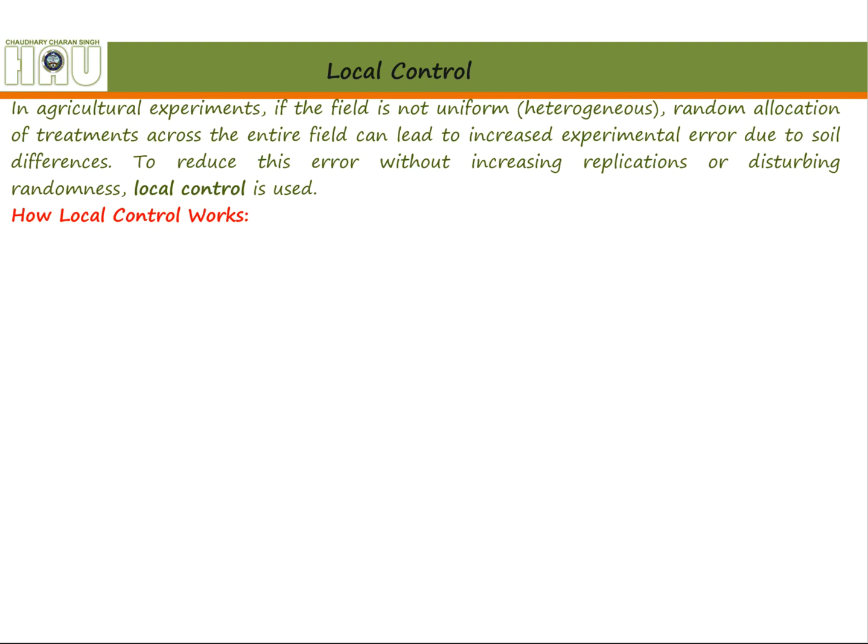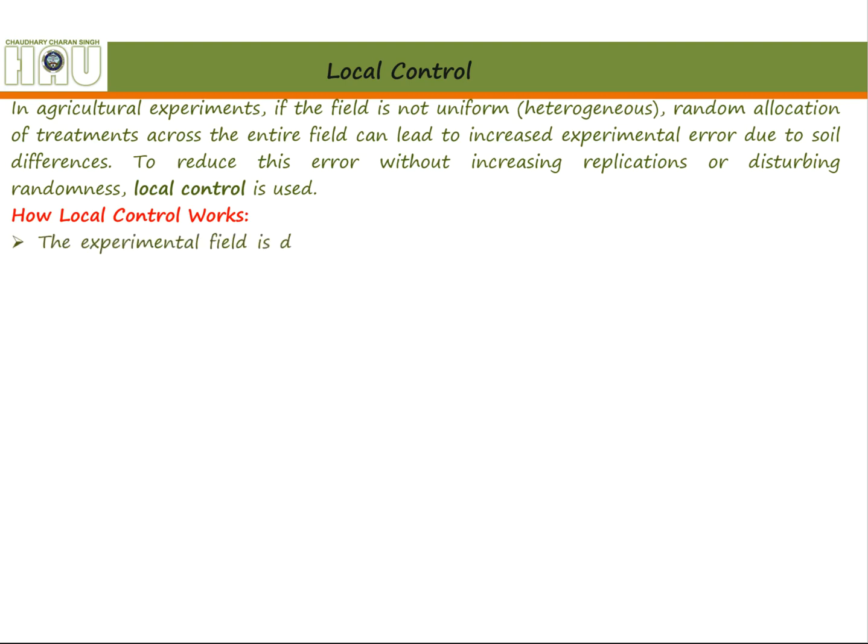If you study the fertility gradient in the soil and you find that the fertility gradient is in a particular direction, you make the replication perpendicular to the fertility gradient. So the field is divided into various blocks. Now in each block we randomize the treatments, so every treatment has an equal chance of getting a plot which has high fertility and one which has low fertility. So by this you can apply the treatments.